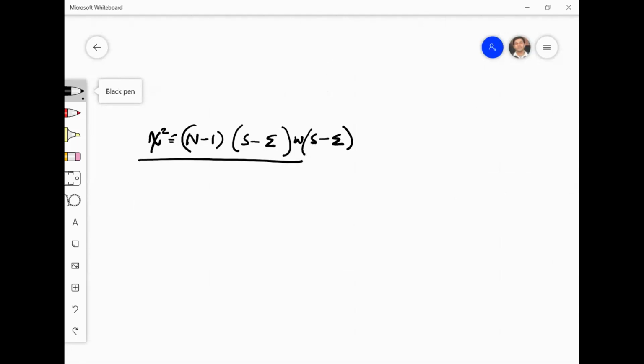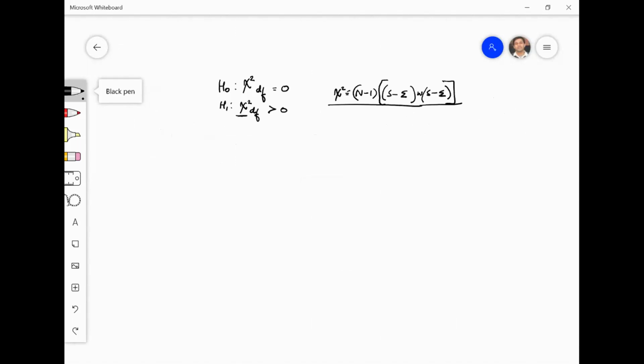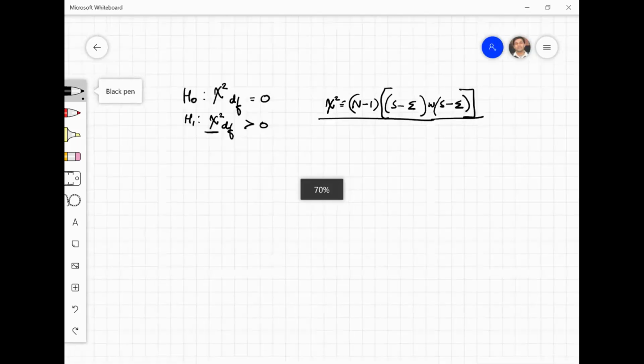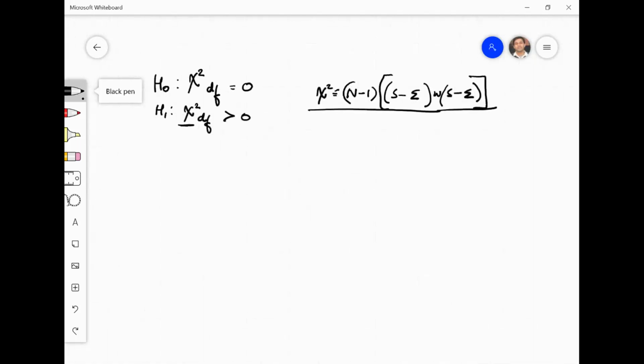So it's a weighted matrix, and then we multiply it with n minus 1, the sample size minus 1, to get an estimate of chi-square. But how do you compute degrees of freedom for the model?